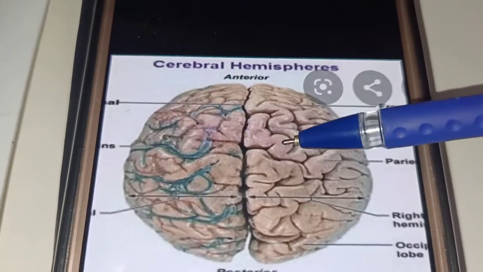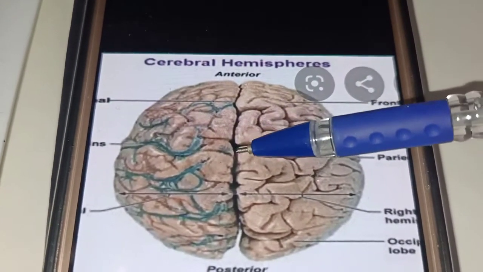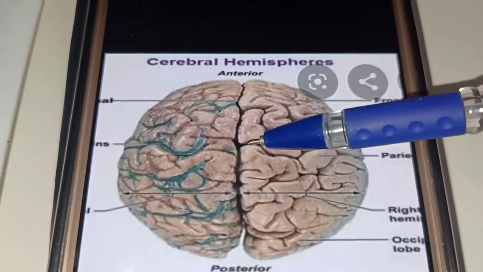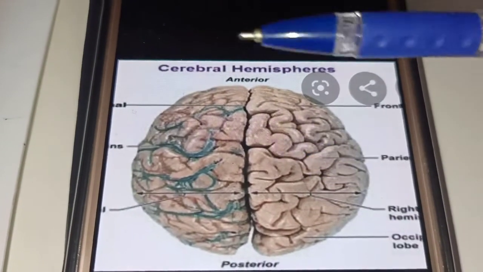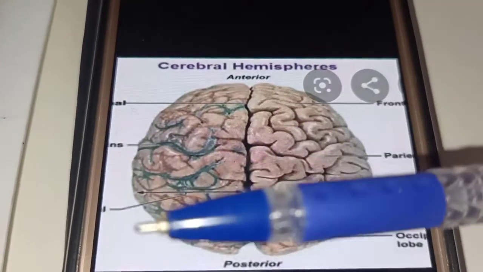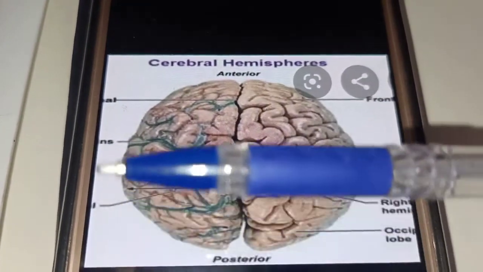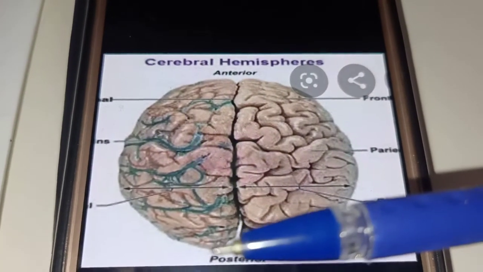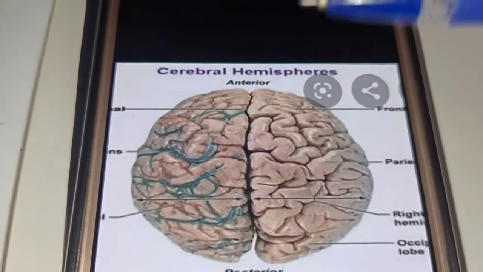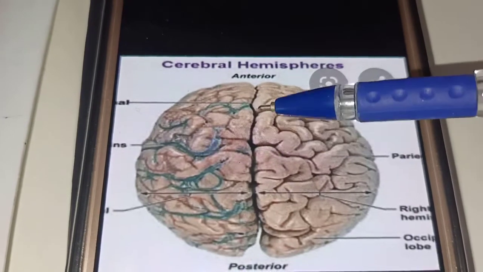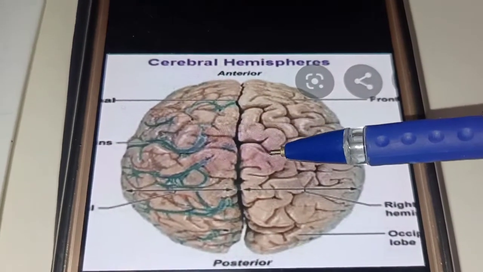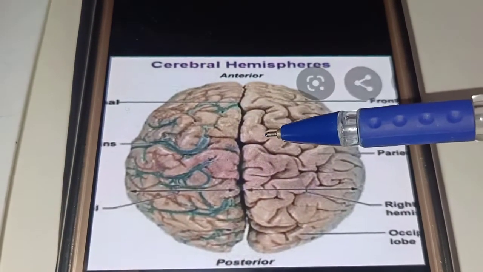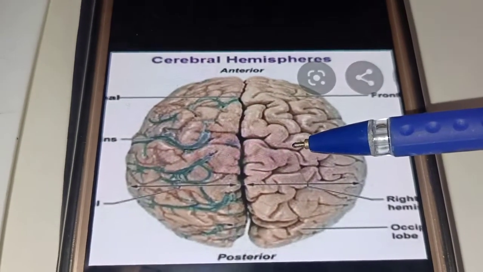In between the bumps there are grooves, and these are known as sulci. The entire cerebrum, the brain tissue, is formed by various sulci and gyri. So the bumps are known as the gyri, and in between the bumps or the elevations there are grooves, and these grooves are known as sulci.